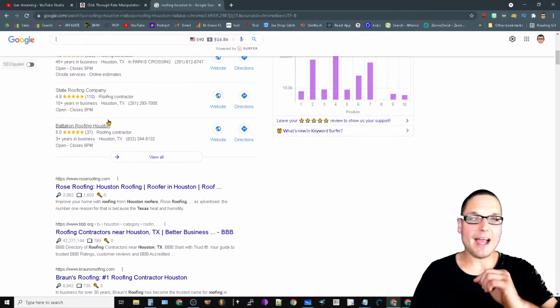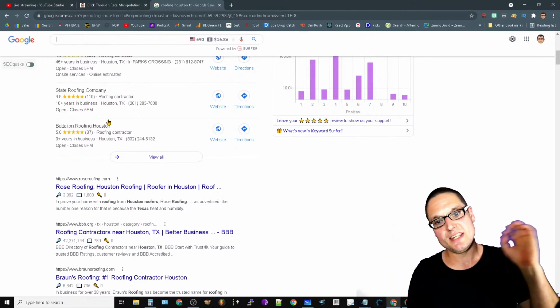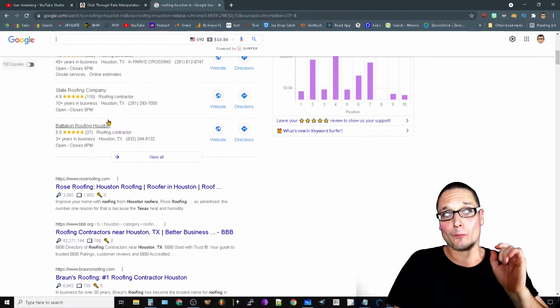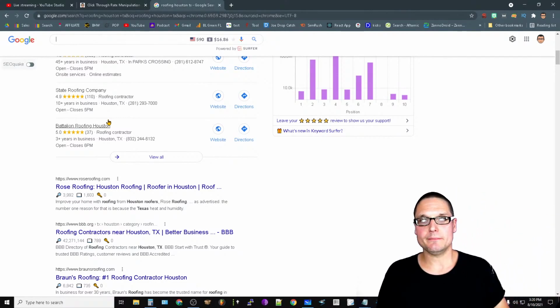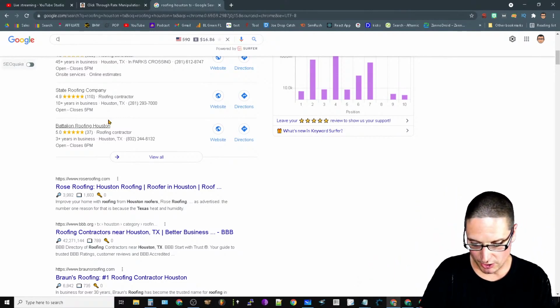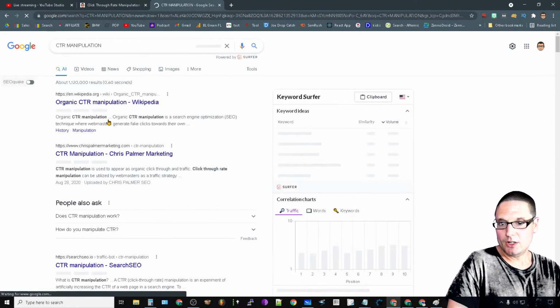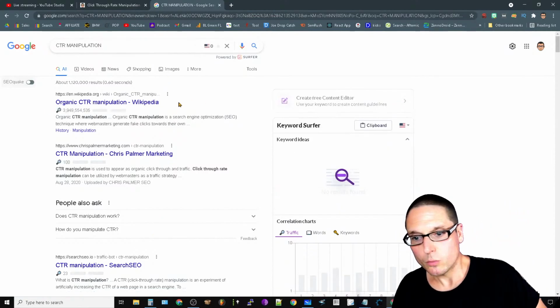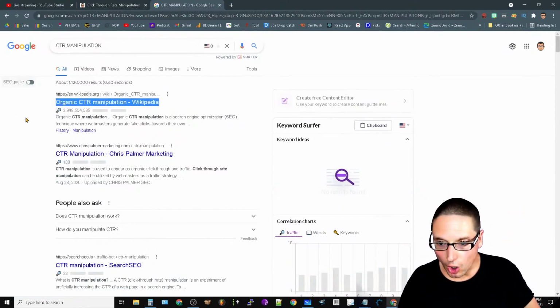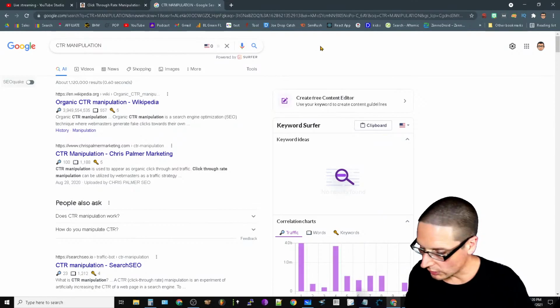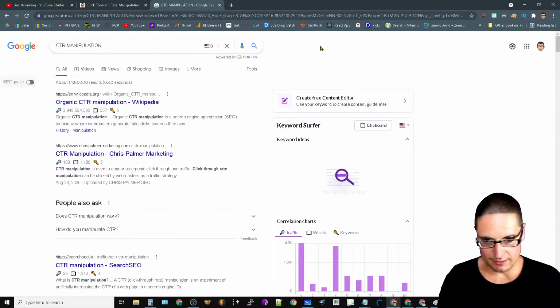Also, does CTR work? I had a page for CTR manipulation. I rewrote the page and posted it not too long ago, and now, bam, right back to where I was, right underneath Wikipedia. That was all from clicks. There's no links going to this page. It's not a link thing.